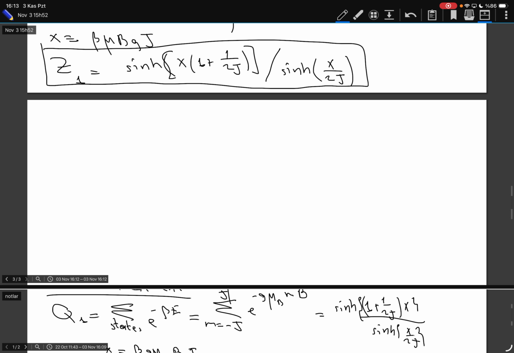Let's start with the energy of the system. Remember, the partition function of the whole system of n magnetic dipoles is Z1 to the power n.